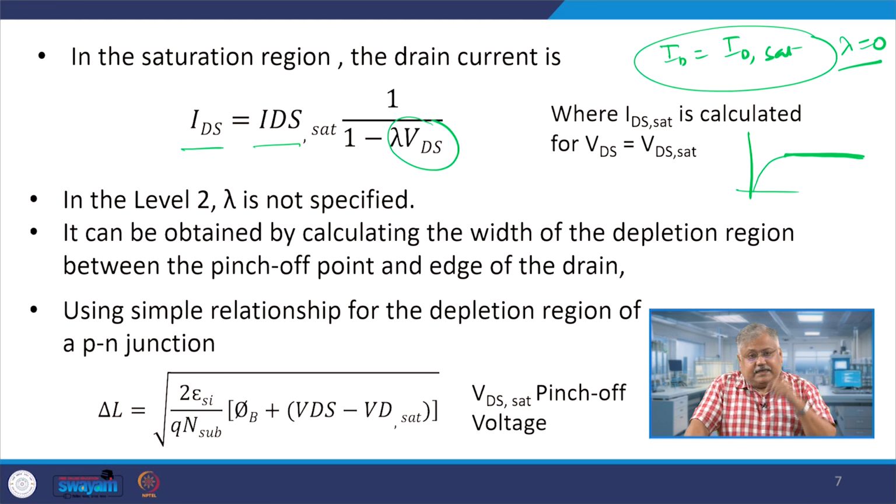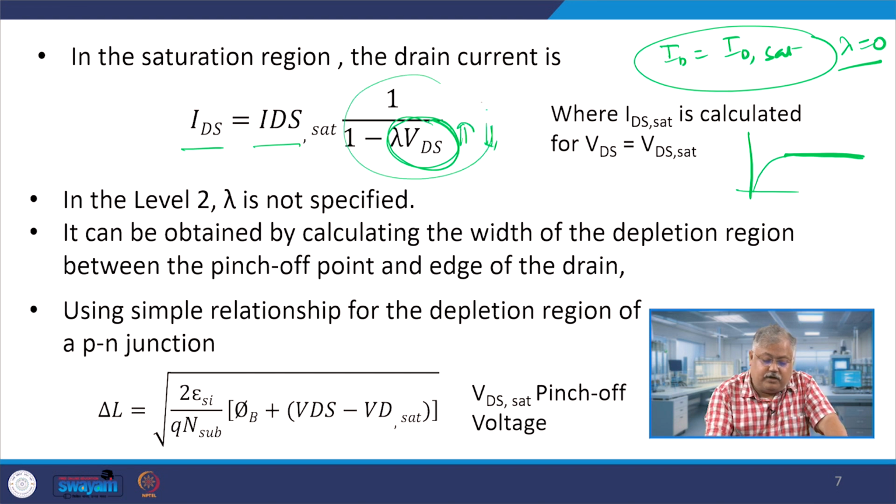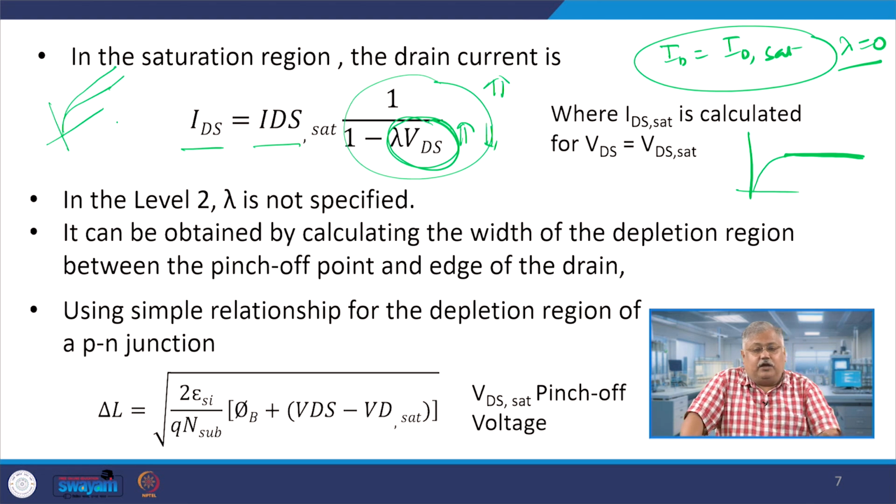However, if you take some second order effect, as lambda goes on increasing, 1 minus this quantity will go on decreasing and the current will go on increasing, and that is what the channel length modulation effect is like. It goes on increasing with the value of VDS, because as VDS increases, this goes on increasing. In level 2, lambda is not specified, and it is obtained by calculating the width of the depletion region between the pinch off point and the edge of the drain.